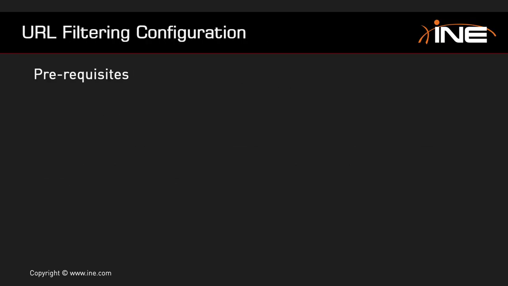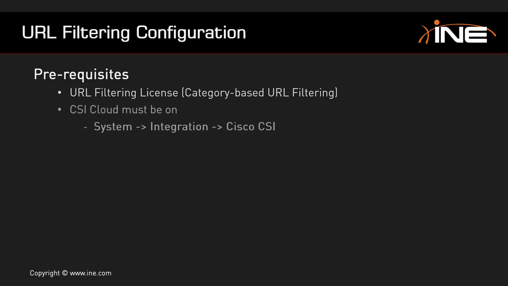There are going to be two prerequisites to URL filtering. One is going to be to install or activate the URL filtering license, and the other one is going to be to enable the integration with the CSI Cloud. We saw that URL filtering option, so this must be turned on so that the feature is active.